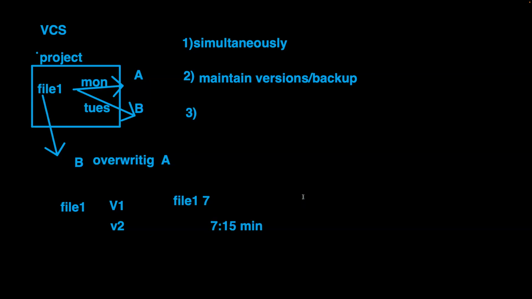We need a system which can provide detailed logging saying that, okay, person A made changes to file one on line number 8 at 7:05, which are causing these issues. This kind of detailed logging, including the person and the timestamp, so that we can revert those changes and bring the system back, right? We need a system which can provide detailed logging.